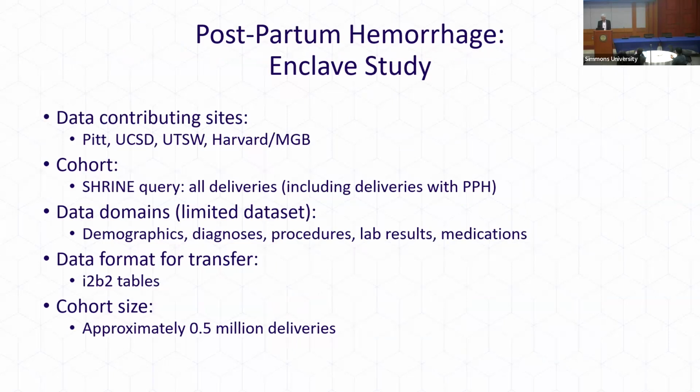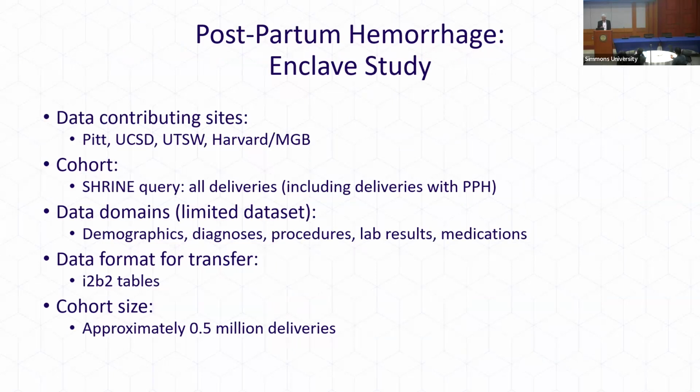So for the postpartum hemorrhage study, since the governance and the regulatory setup has been signed by these 4 institutions, these are the data contributing sites at this point for this study.